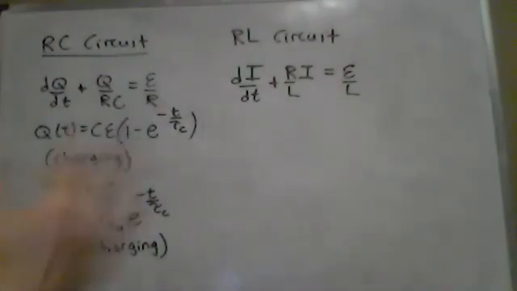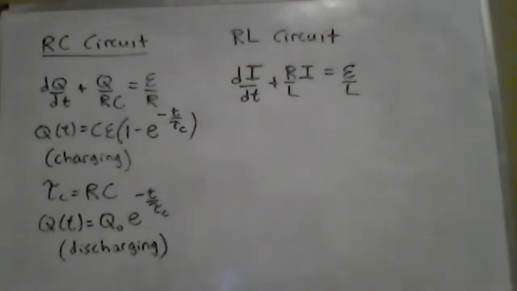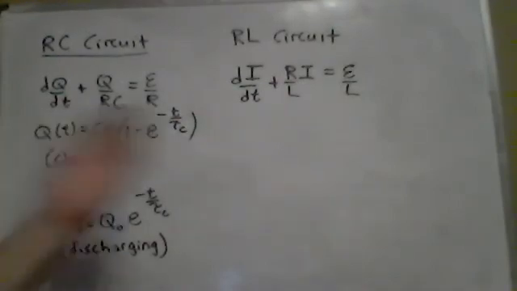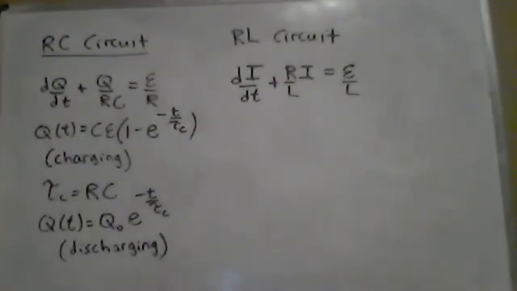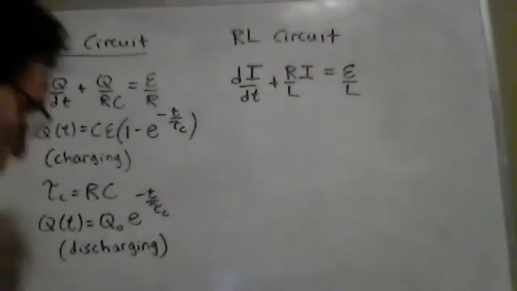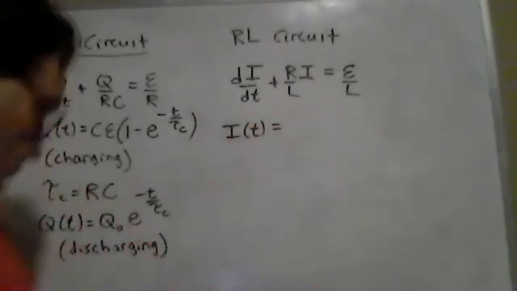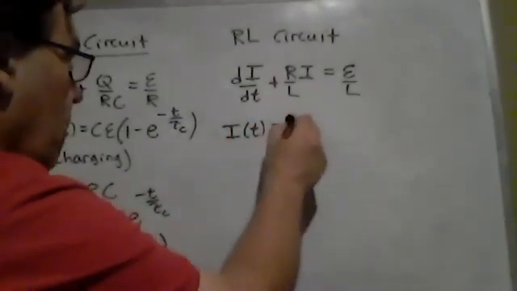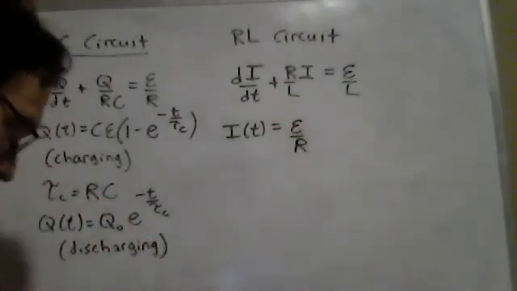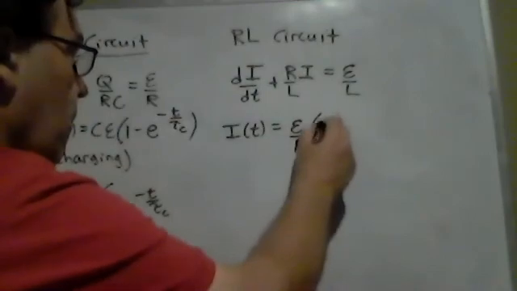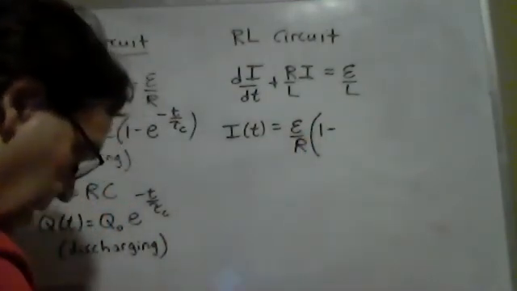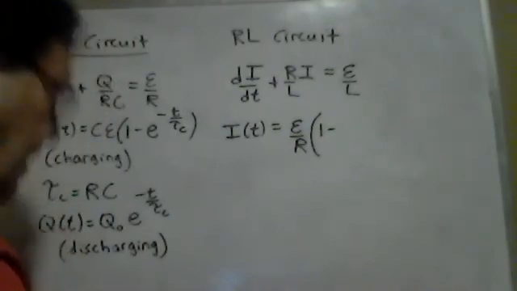Again, we'll say the RL circuit's been dead, it's not doing anything. I'm going to throw that switch and turn it on after it's been sitting for a while, so the current just gets started. Now, by the same token, I expect the solution to this differential equation to look very similar. And in fact, it's going to look like this: I as a function of time, for the RL circuit, is going to look like epsilon over R times 1 minus e to the negative t over tau sub L.